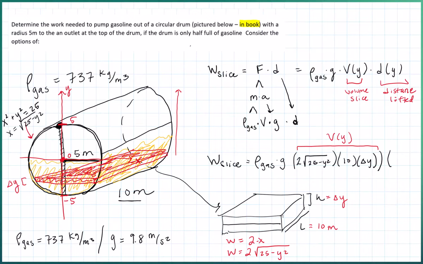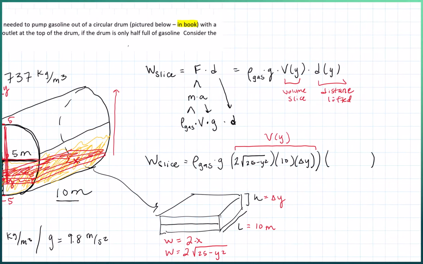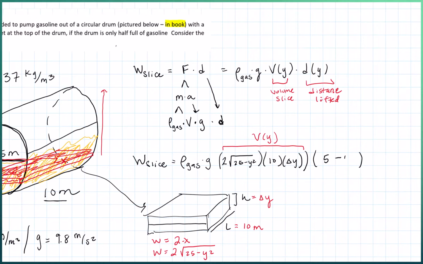We have to always base it on our coordinate system. So how far do I have to lift it? Given any generic slice, let's call it y, the distance that we have to lift is going to be 5 minus y. So the distance lifted is 5 minus y. That is the distance that we have to lift each slice.